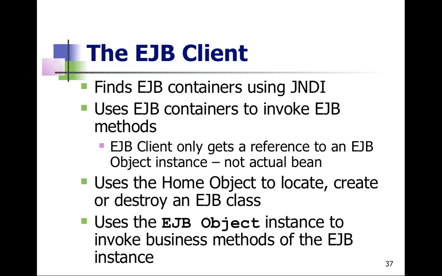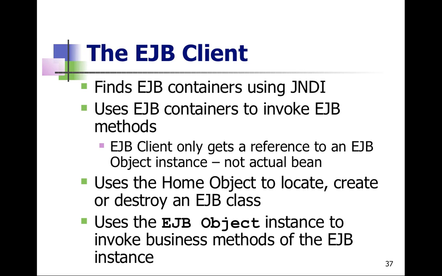So let's talk about the Enterprise Java Bean client. It finds the container using the JNDI. So the client bean interface is using the lookup service to find the object that it needs to run the service for, which is why I summarized the JNDI thing at the beginning, so you can see the big picture, I hope.